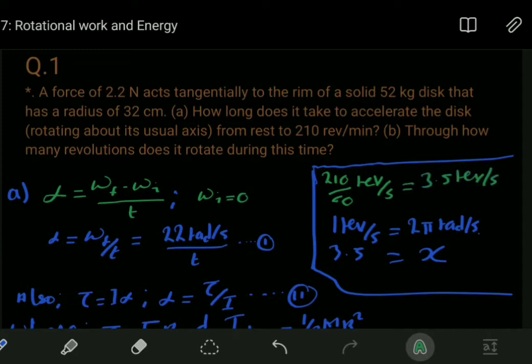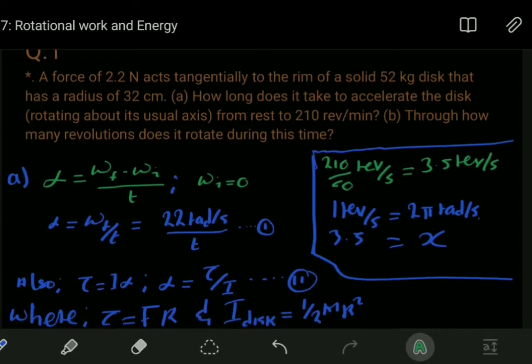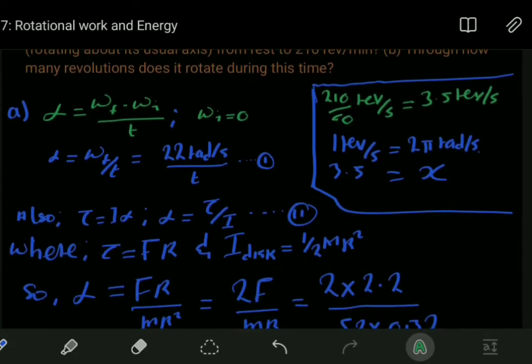Okay, so if we convert this further to radians per second, we are going to use this method. 1 revolution per second is going to give us 2 pi radians per second. Since we have 3.5 revolutions per second there, we simply cross multiply and it's going to give us 22 radians per second. So we go back to our formula here.